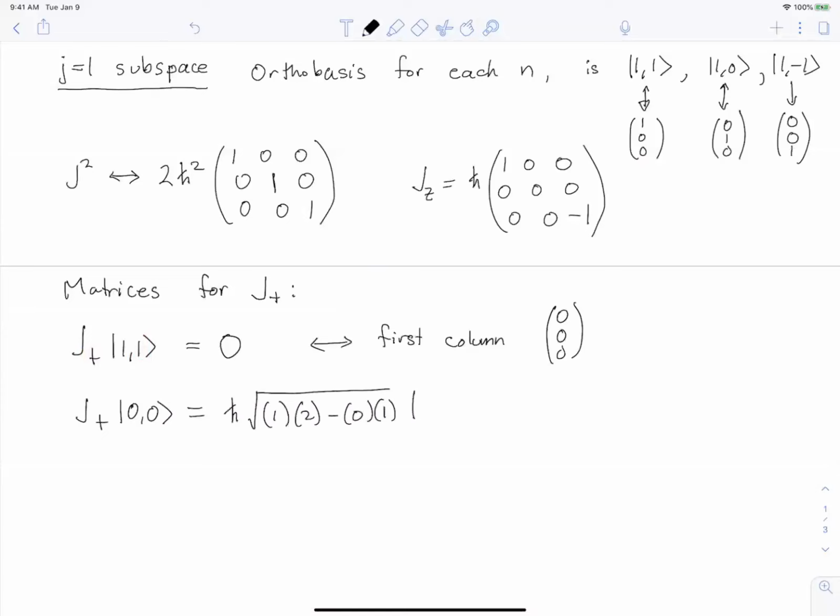And it's giving back the state 1, 1. Actually, I made another mistake here. All of these states have j equals 1, so the first entry is always 1. Okay, and so this is equal to square root of 2 h bar, 1, 1.